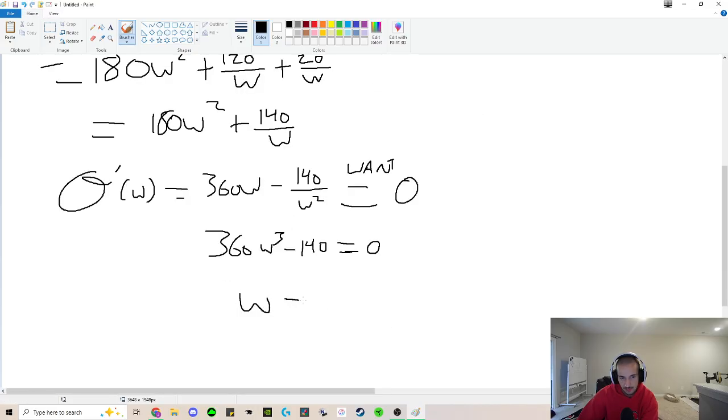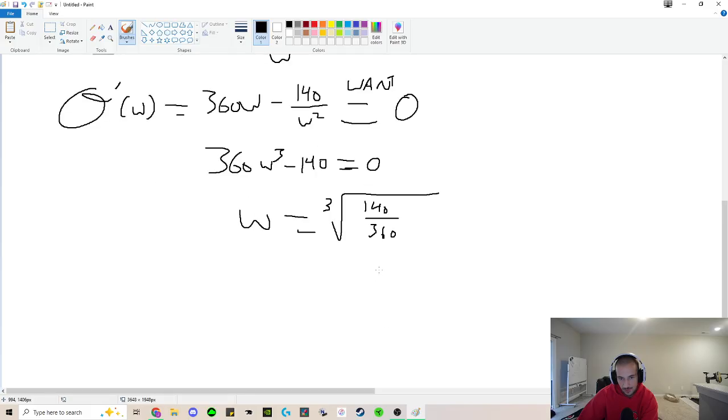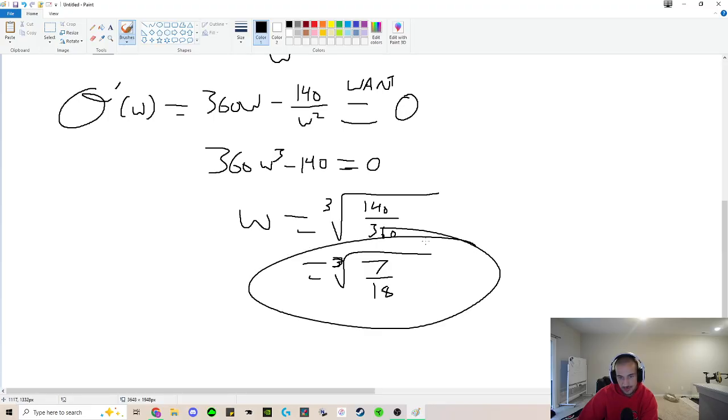And so now w is going to be the cube root of 140 divided by 360. You could divide that out by 20, and that would give you the cube root of 7 over 18. This would be your final answer here.